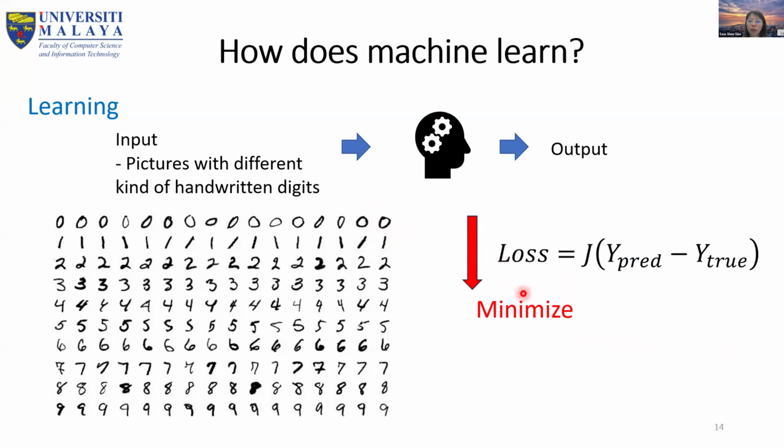The loss is calculated using a function that computes the error between the Y prediction by the model and the ground truth, or the Y true, which is the label. When the prediction of the model and the true value are near zero error, it means your model is doing very well in recognizing all the handwritten digits. So the whole concept of AI learning is to minimize the loss between the prediction from the model and the right Y true.